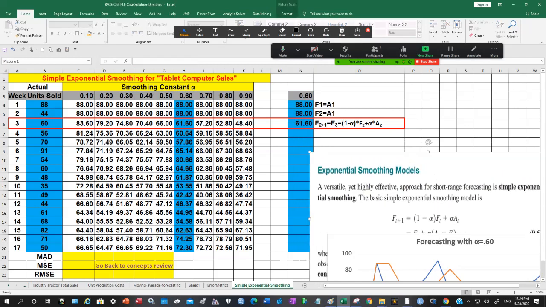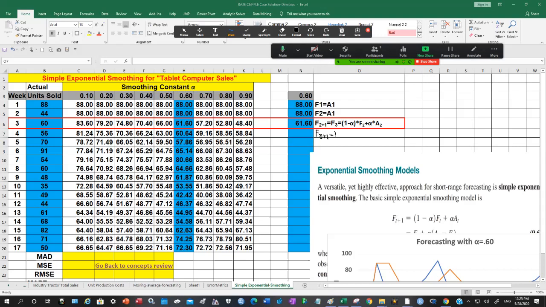In the same manner, the next one, okay? For the next one, we want to do F of 4, which is F of 3 plus 1.